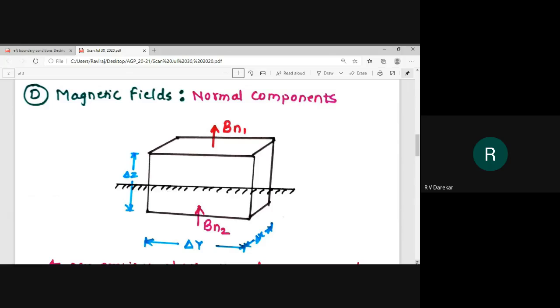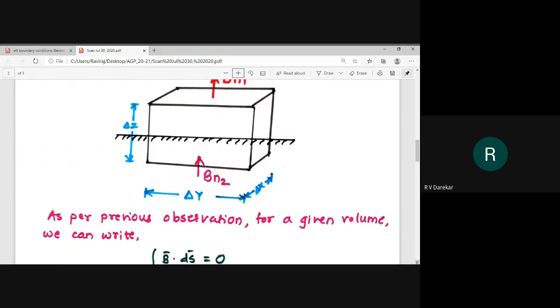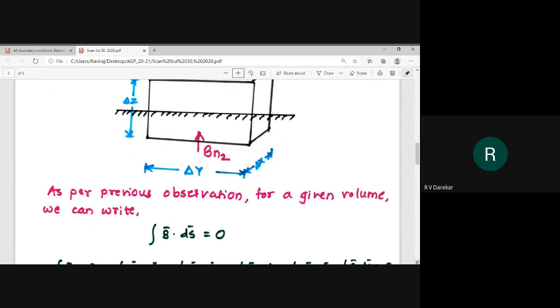All of you know that Bn1 and Bn2 are nothing but the magnetic flux densities under consideration. Therefore, as per the last routine, we can consider the equation B bar dot ds bar is equal to 0.